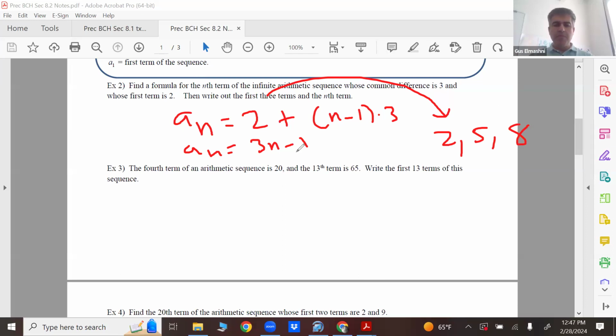For example 3, the fourth term is 20, the thirteenth term is 65. Write the first 13 terms of the sequence. Okay. Well, here's the deal.